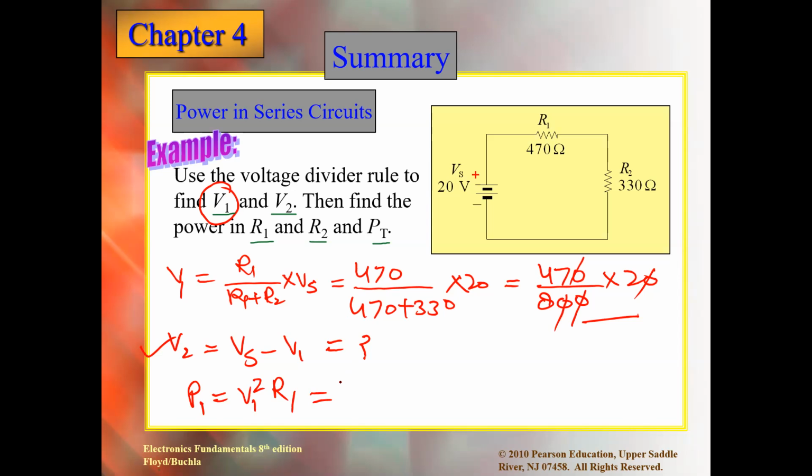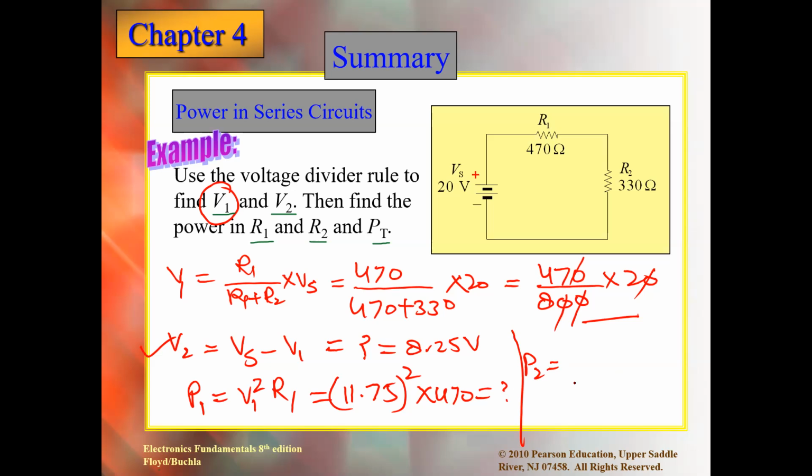Okay Ali, if it is 11.75, then you have to square it and put it here, then R1 is 470. You will be getting the power. The same way, if V2 is 8.25 volts, then similarly you can get P2.